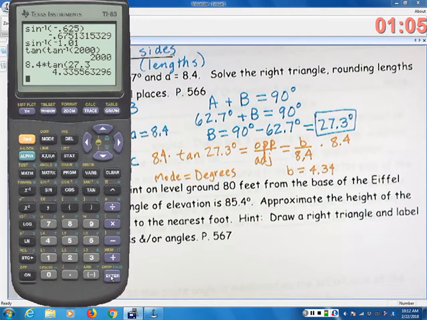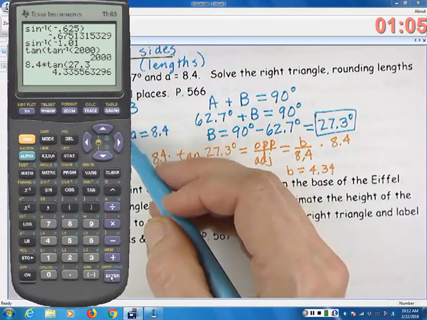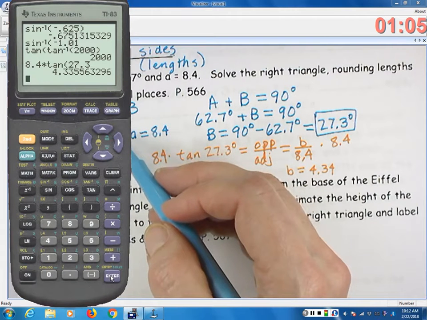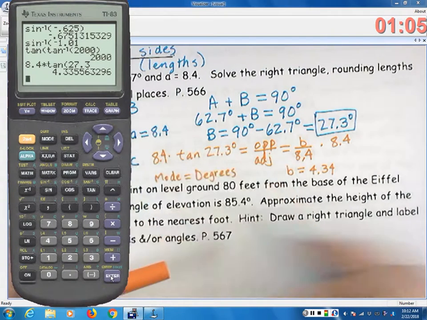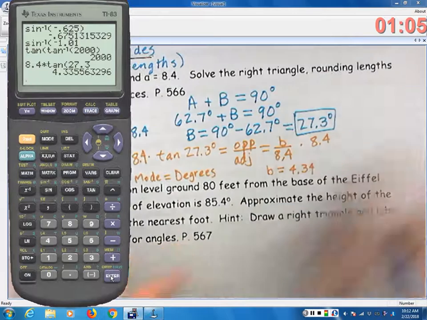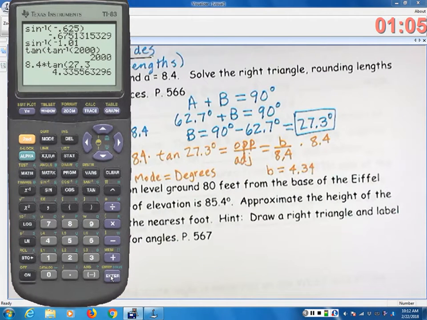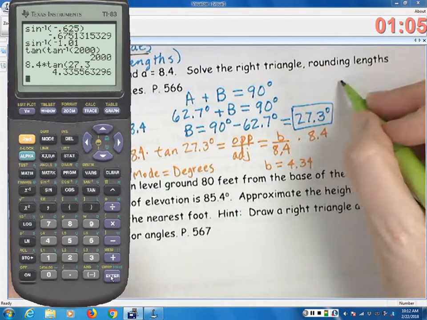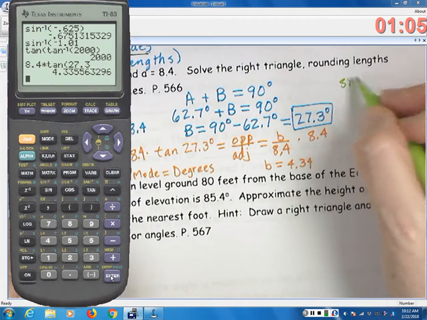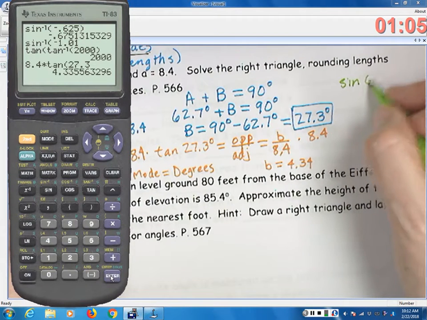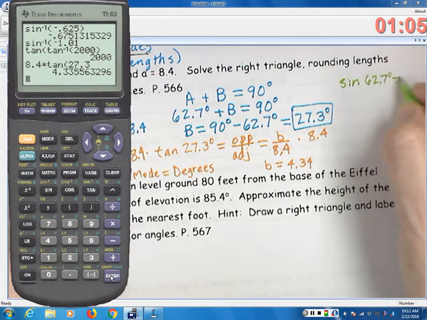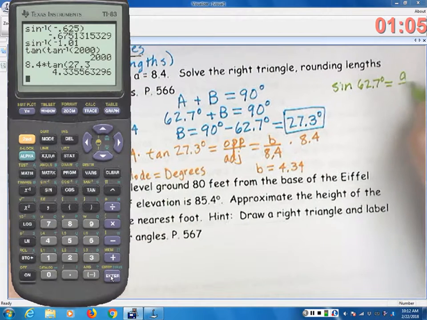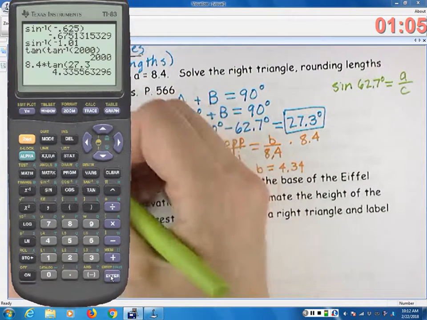Maybe it's easier just to do that. I'm finding C now. Sine of 62.7 degrees equals A over C, opposite over hypotenuse.